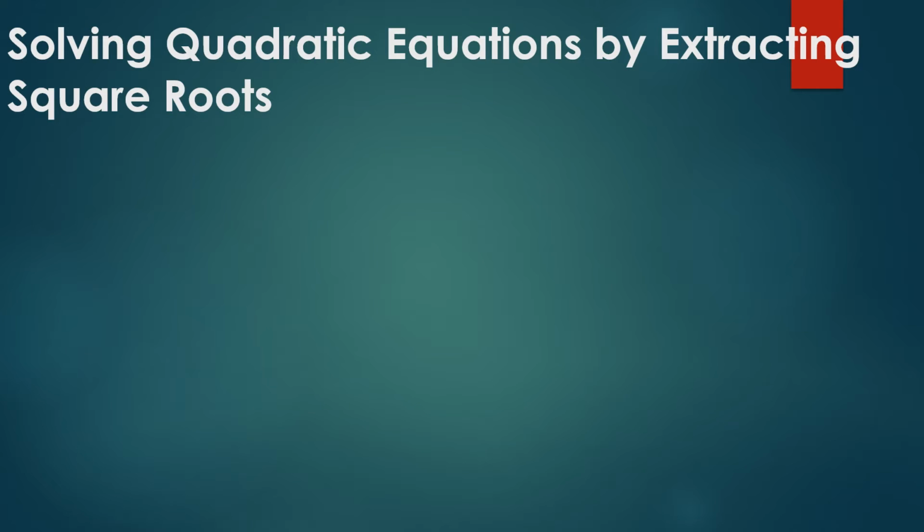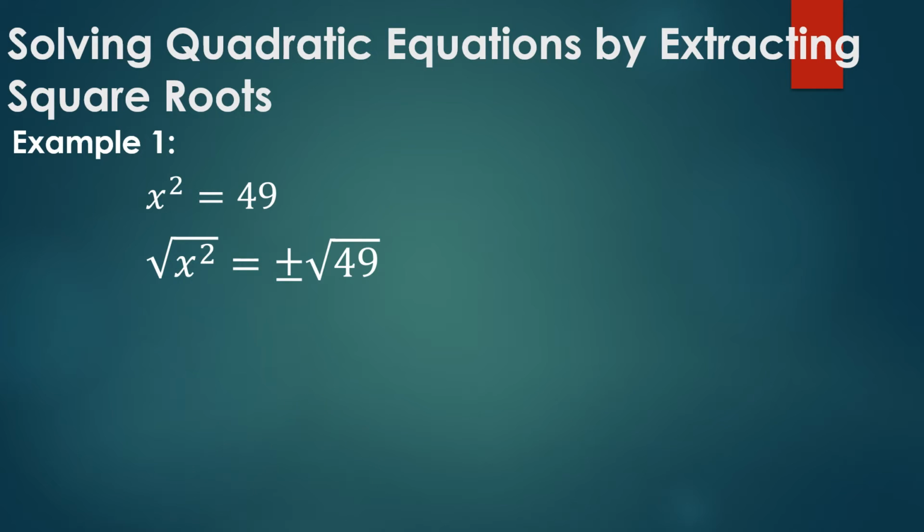Now, let's have example number 1. X squared is equal to 49. By applying the concept of square root property, we are going to get the square root of both sides of the equation. That is, square root of x squared is equal to positive negative square root of 49. Now, let us simplify the equation. What is the square root of x squared?